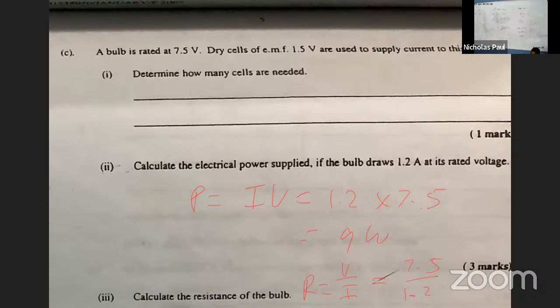Dimitri got 6.25. Anybody else got that? Please get the habit of writing the SI unit. 6.25 what? Ohms. Nice.